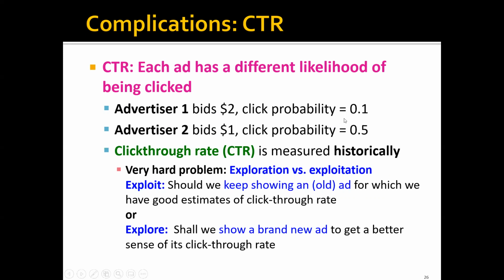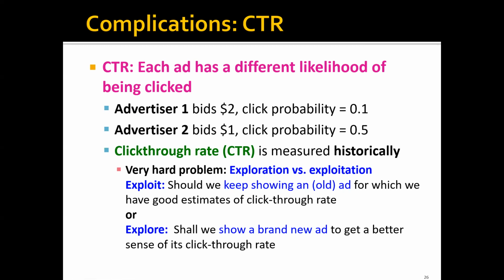So these are different click probabilities. And in reality, we actually don't know for sure how high this click probability is. Usually this click-through rate should be measured historically. For example, for some ad, you can show it 1,000 times and just count the number of times that it got clicked by users, and you have the percentage, right?